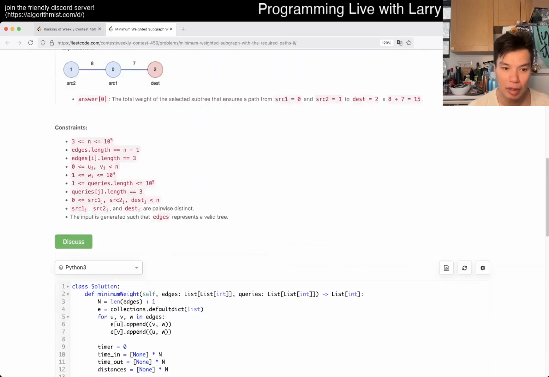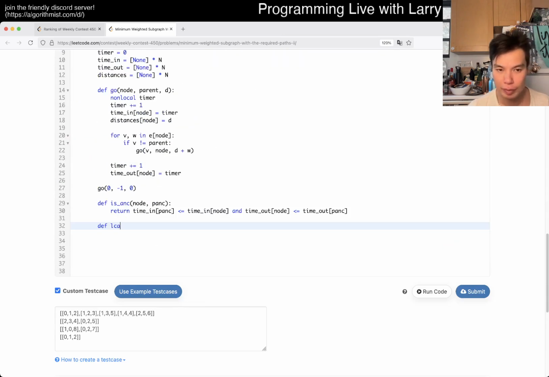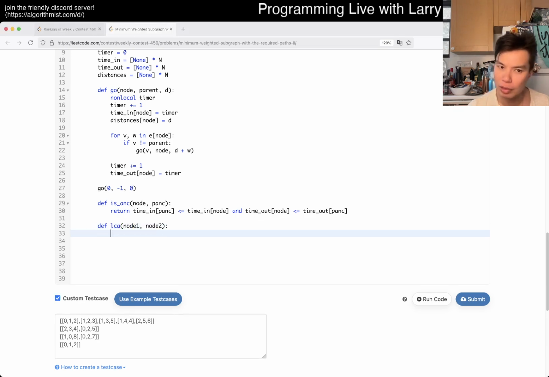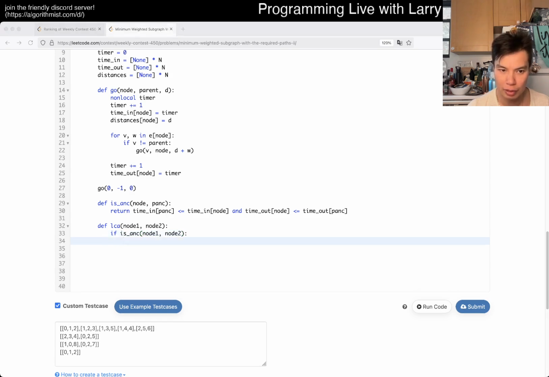Okay, and then now LCA, node 1, node 2, right? Then now, how do we do it? Oh yeah, okay, so if potential ancestor, then return node 2.